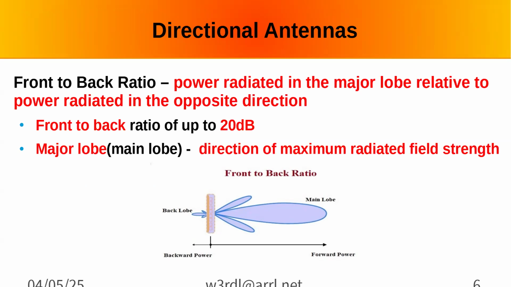The higher the front to back ratio, you start sacrificing forward gain. So if you optimize it for the maximum forward gain, you get a lower front to back ratio. It's like everything, that's a trade-off. And then some other things you play with and you start getting more side lobes.